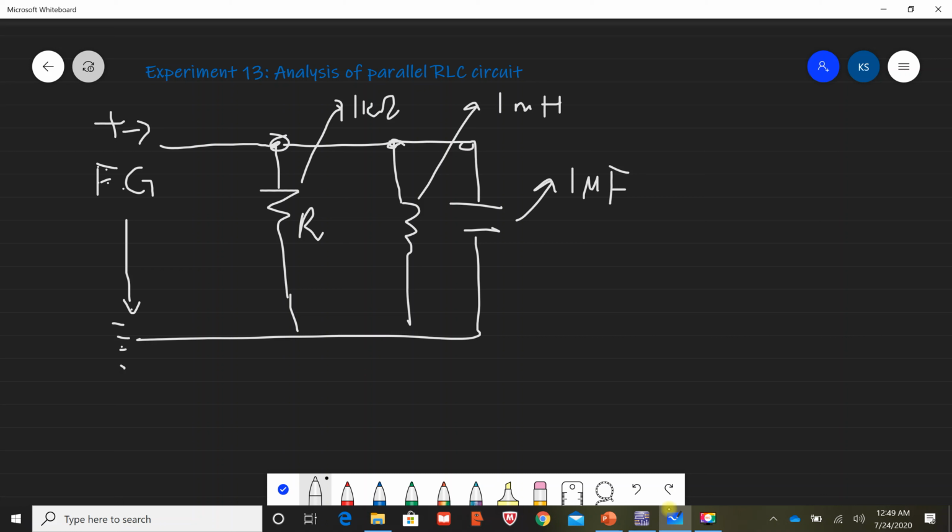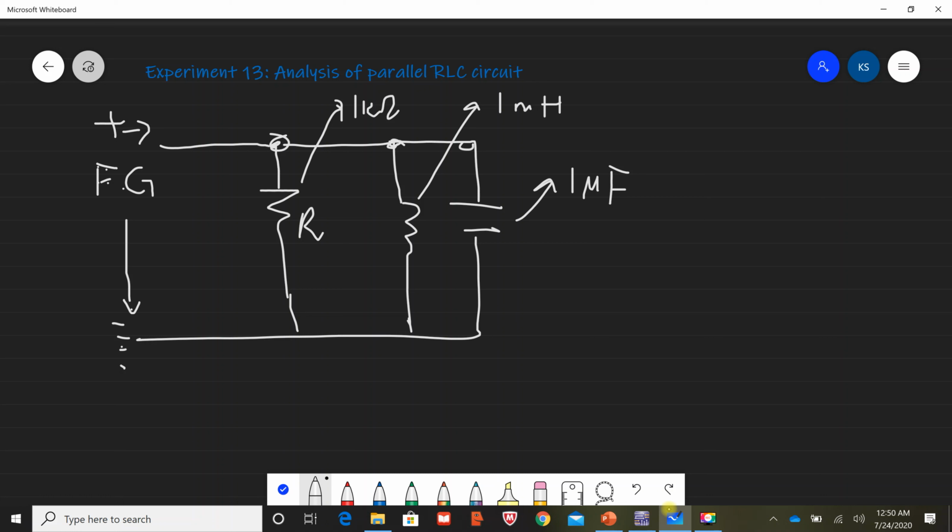What's important is that this time you will have to find out what the relationship between the inputs and the outputs will be. As you know, in the previous scenario, when I was telling you about the series RLC circuit, there were some phase differences involved in the case of the inductive and the capacitive components.